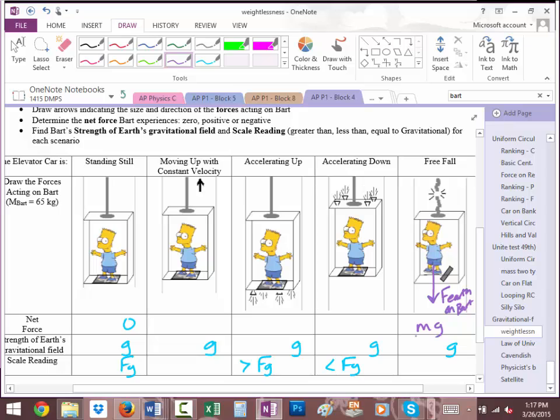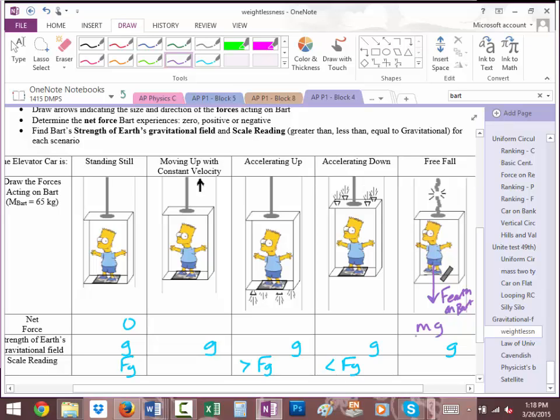G, 9.81 downwards, right? What is the scale going to read? It's going to read 0. Why 0? Because there's no force acting up upon him.